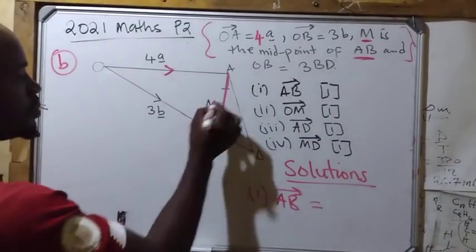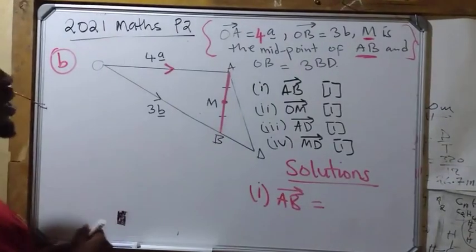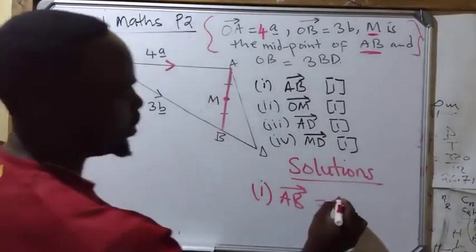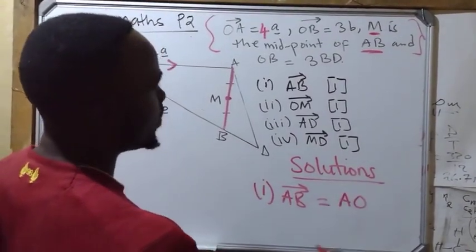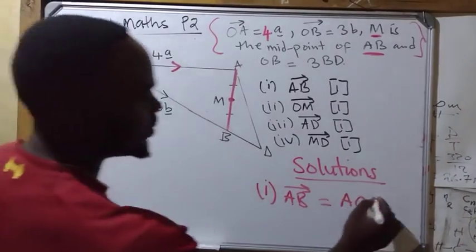You are going to move from A to O, then O to B. So AO plus OB.